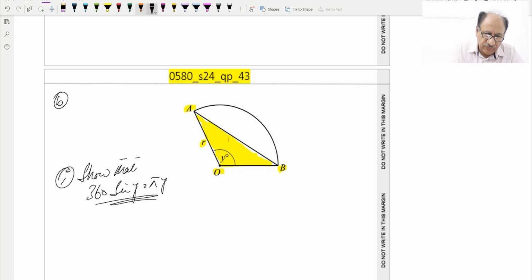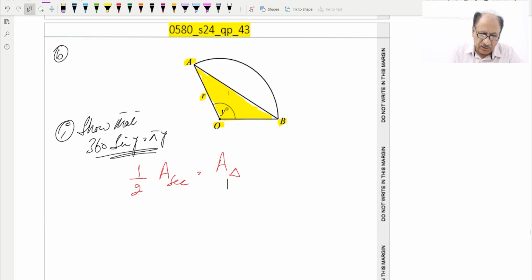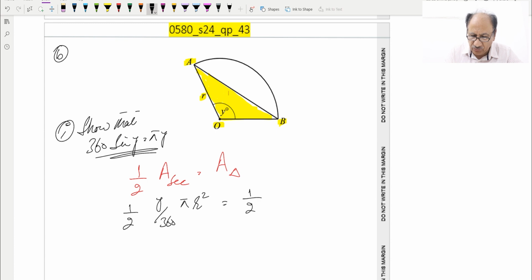So by the condition of the question, half of the area of the sector is equal to the area of the triangle. We can write the area of the sector as theta over 360 into pi r square, where theta is y, and this is equal to the area of the triangle, which is half into AB sine C. So AB is R into R, which will be R square into sine of y.